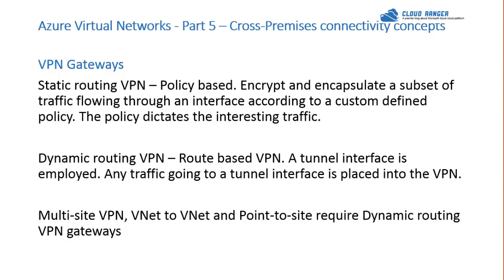All you are doing is anything that's directed towards this interface is going to go on the VPN. So you have to remember from your exam point of view that multi-site VPN, vnet-to-vnet, which is Azure Virtual Network to Virtual Network, and point-to-site, they all require dynamic routing VPN gateways. And you may already figure out why, because multi-site VPN, vnet-to-vnet, and point-to-site are not traffic where you have to make a decision, because you already know that as long as they hit an interface, they will hit the VPN.